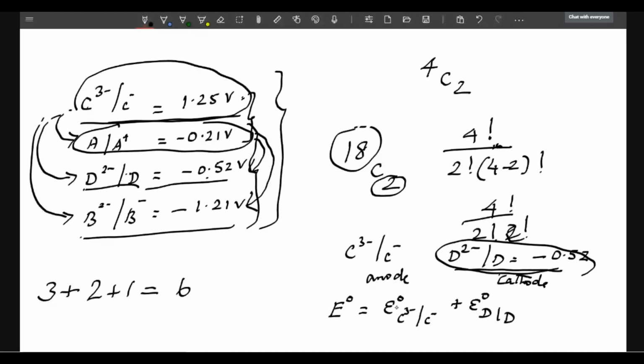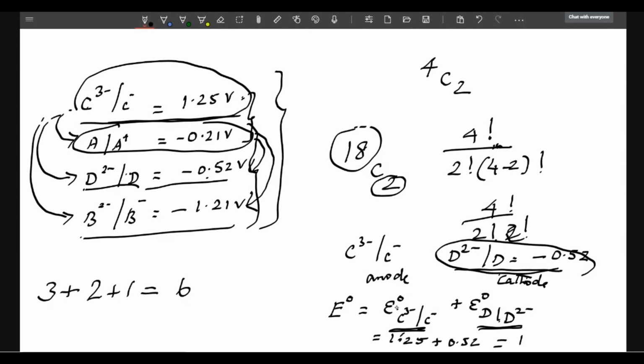Instead of the oxidation potential, convert into the reduction potential and sum it up, for D bar D2 minus. Note this is a reduction potential, and this is the oxidation potential. If you use the reduction potential as such, then find the difference between the two oxidation potentials. If you convert into a reduction potential, sum the oxidation potential value and the reduction potential. Both of them will give you the same value. E0 for C is 1.25 and for D it is plus 0.52.